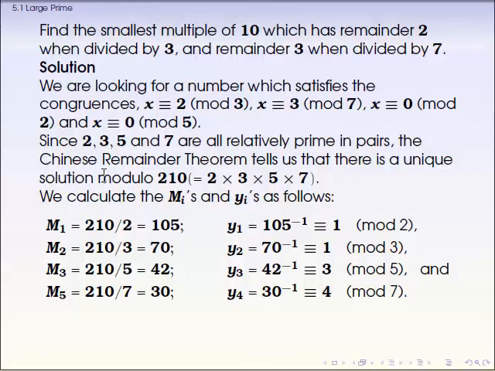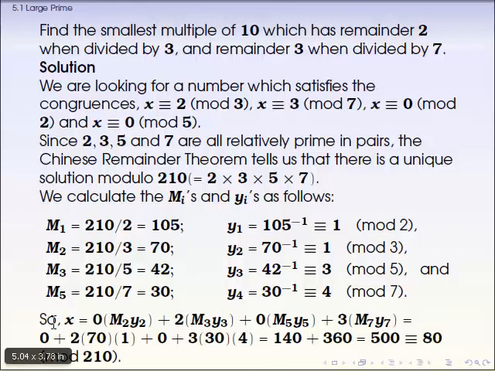Then, by the Chinese remainder theorem, our x must be the sum of the products of these numbers in a certain way. So the first one is the congruence for the first modulus. Sorry about the typos. It should be M1, M2, M3, M4, but this notation is just saying what the real moduli are for each of them, right?